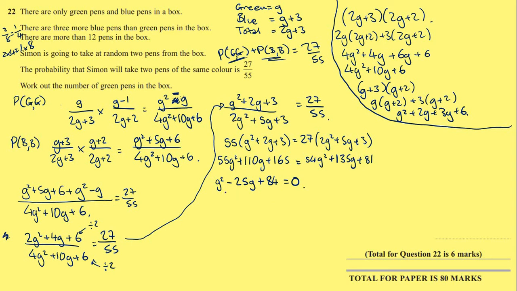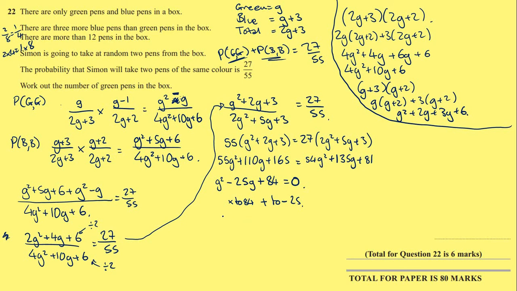All right. Now, this thing here, we can actually factorize. The factorization is really nice. It's two numbers that multiply to 84, but also add to negative 25. You need two numbers that will do that, and those numbers are negative 21 and negative 4.